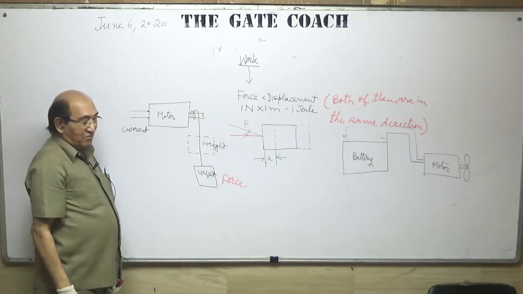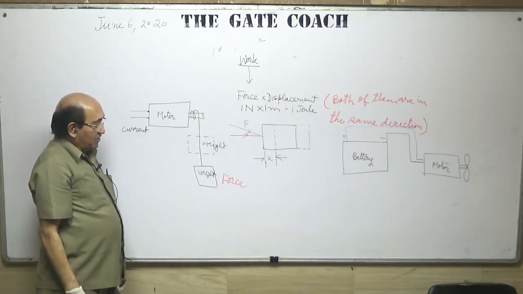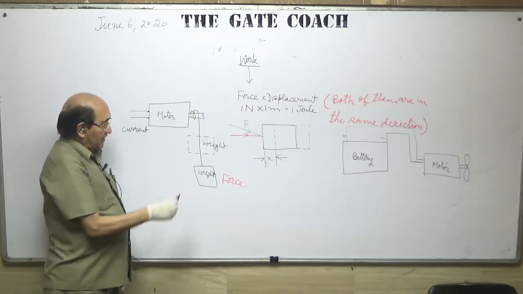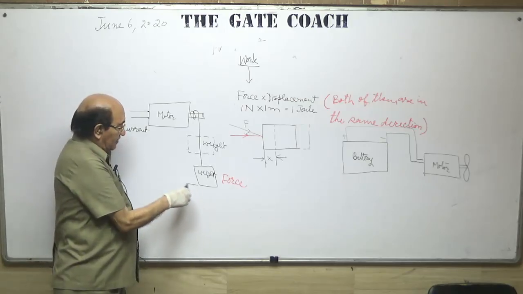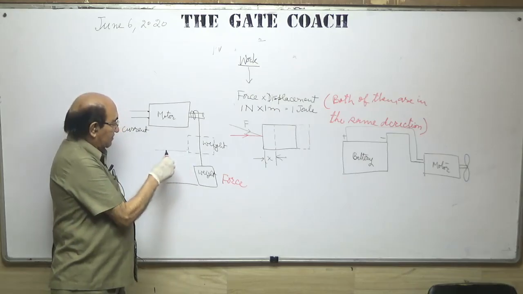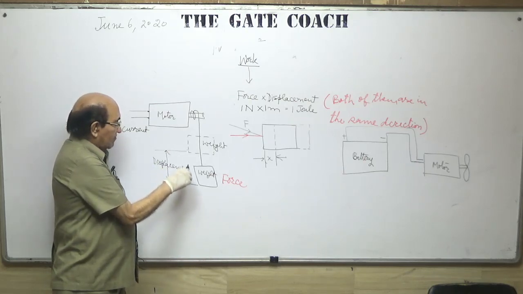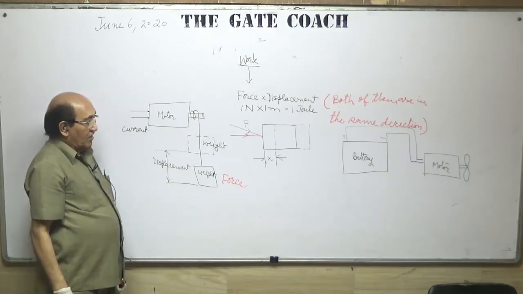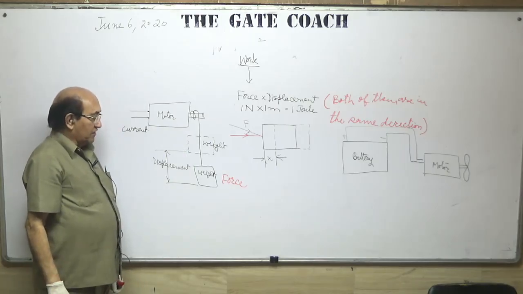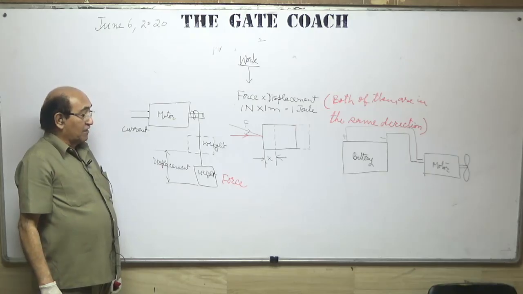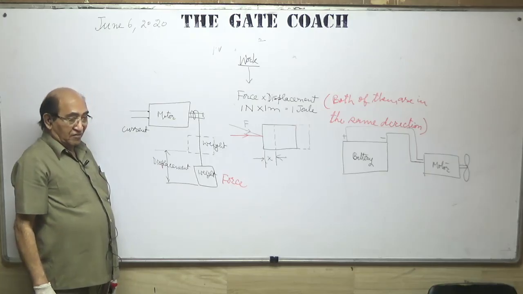So I feel happy in my mind that I have been able to see force and I have been able to see the displacement. And the product of force and displacement gives me the work done.